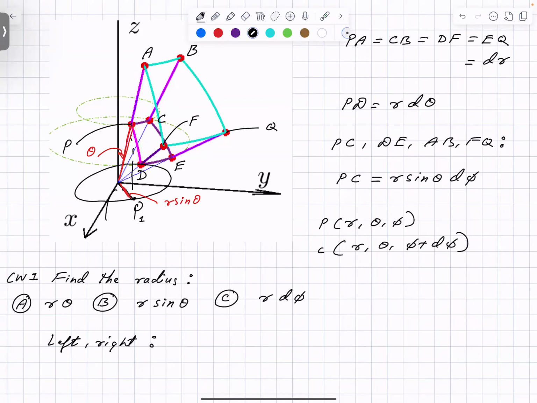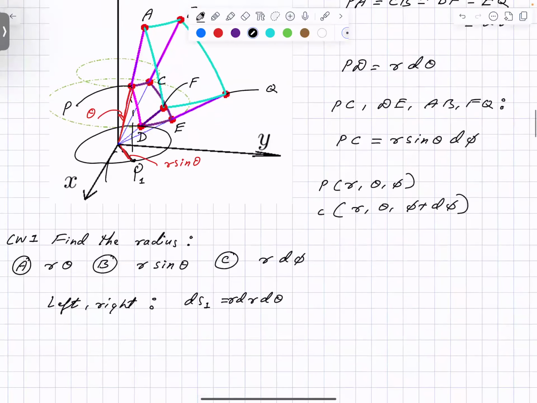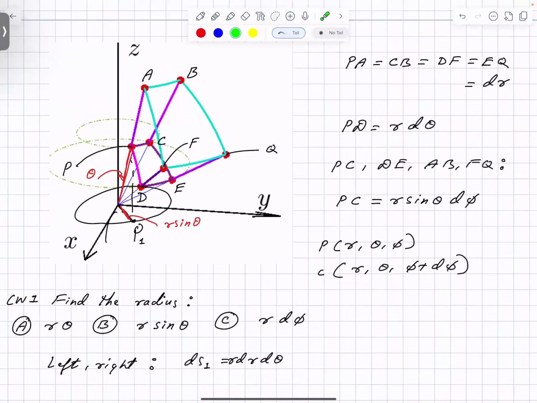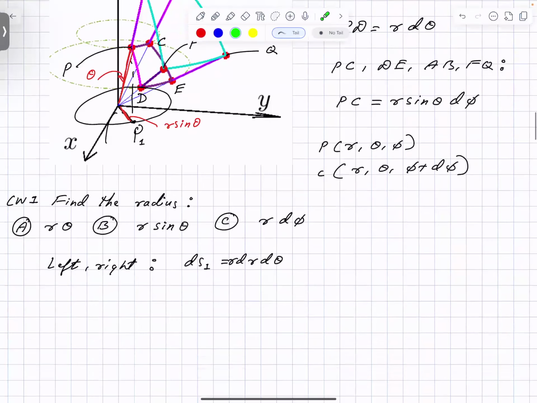So the area, we'll call that ds1, would be dr times r d theta. So that's one type of area we get for the spherical system. So that's left and right. I'll call this front, so A, B, Q, F. So the front and the back.